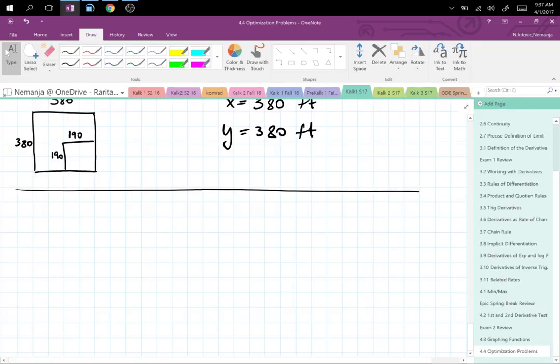All right, so what else is cool? I asked you all to take a piece of paper at home and make a box with the largest volume and bring that box here to class and show it off to everyone.